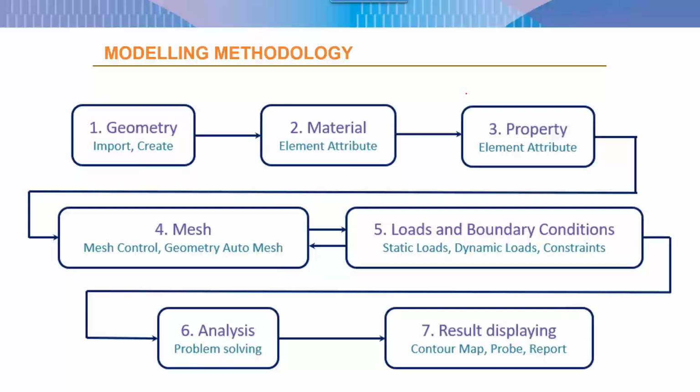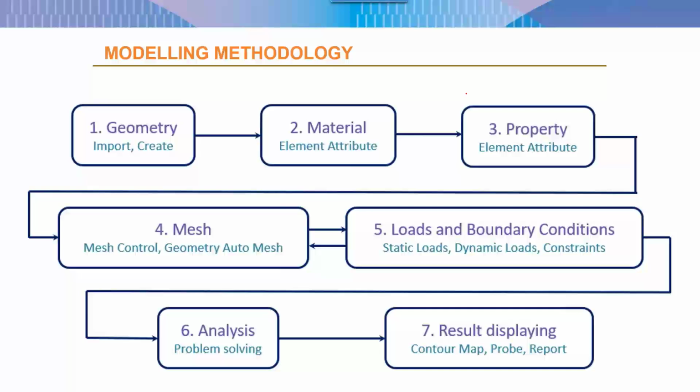Then we define the element attribute property, either 1D, 2D or 3D. So here the ground elements are 3D, the diaphragm wall is 2D, and the strutting and the whaling system are 1D elements. Then we define the mesh. So you can have either tetra mesh or hybrid mesh in GTS.